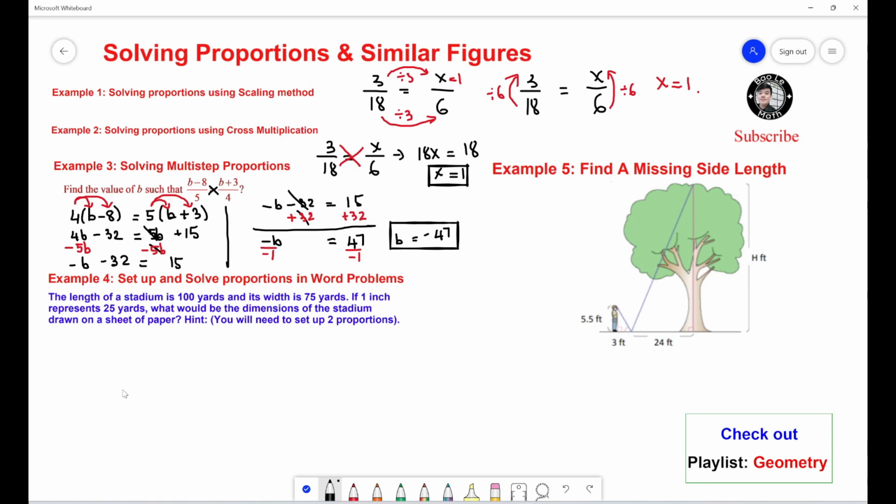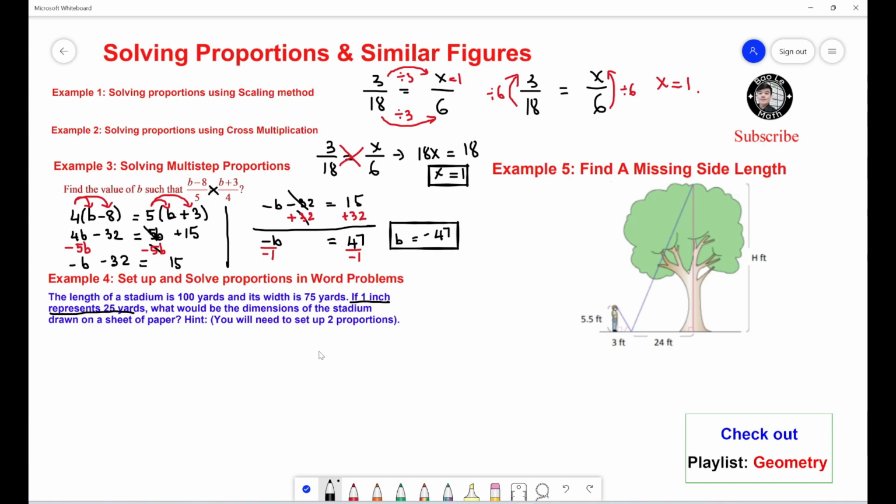Alright, let's move on to example number 4. Solving proportions in a word problem. The length of a stadium is 100 yards and its width is 75 yards. If 1 inch represents 25 yards, so this is the scale, what would be the dimensions of the stadium drawn on a sheet of paper?